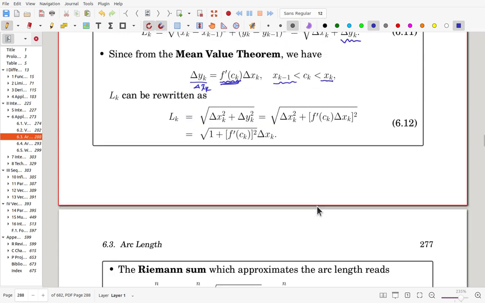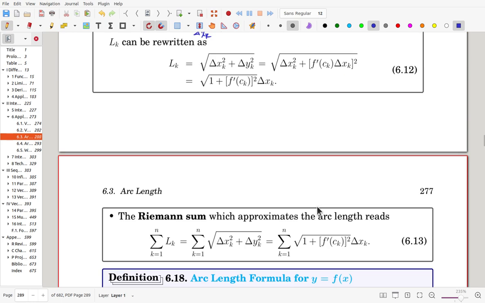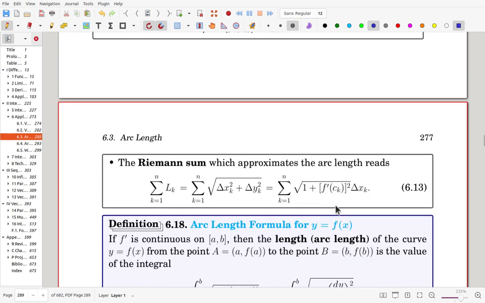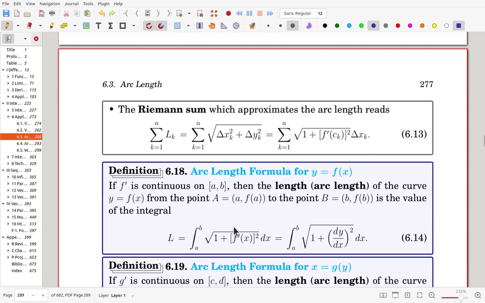Now we add them to get the Riemann sum. That is the Riemann sum. And when we get the integral, taking the limit as n approaches infinity, ck becomes x and delta x becomes dx.